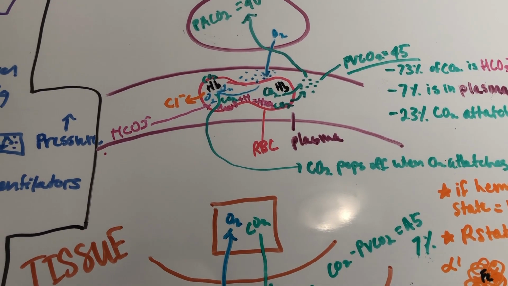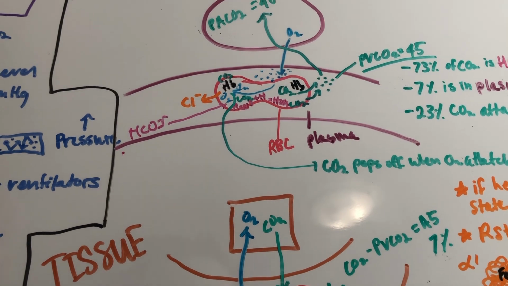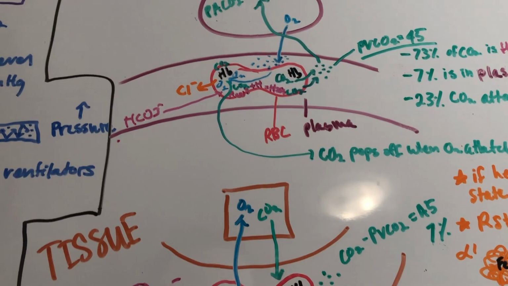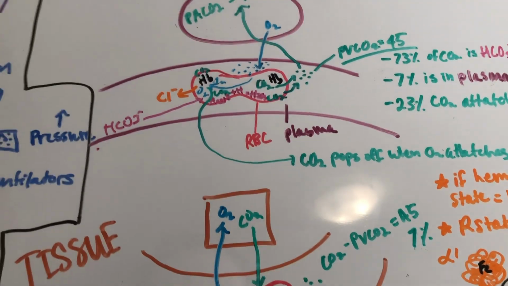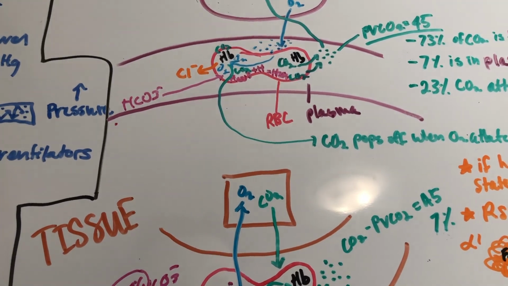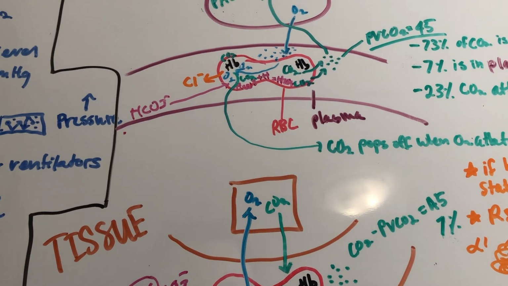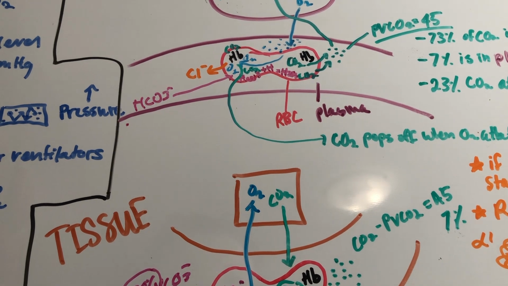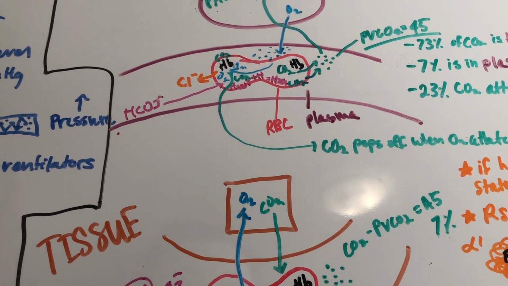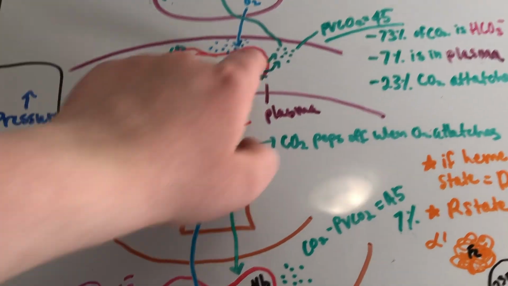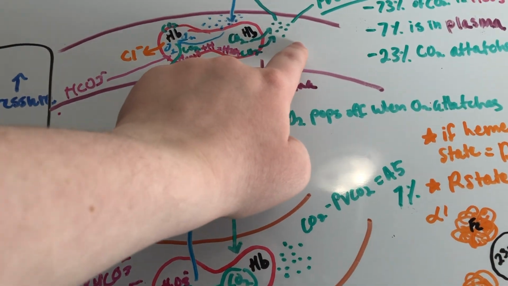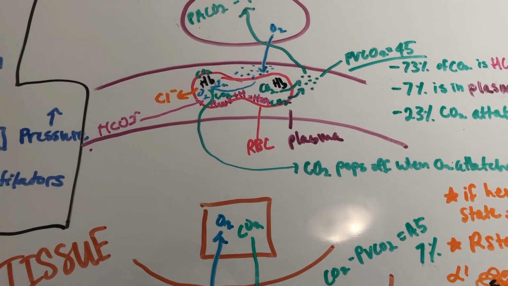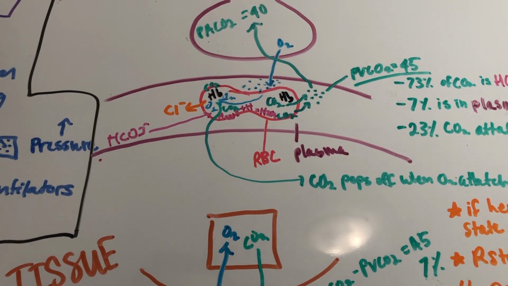And then the carbon dioxide plus the hydrogen is going to turn to H2O and CO2. The H2O, we know, is obviously water. And then we've got our CO2, which is going to leave the red blood cell and come out into the plasma, and part of it is going to stay in the plasma and part of it is going to come back up.